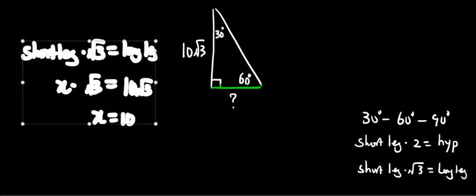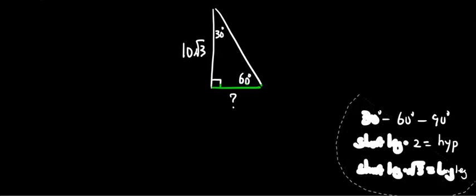All right, now let's try our new rule. We're going to use SOH CAH TOA. Let's write it down here. You're going to decide which one you're going to use. If you look at this angle, 30 degrees, which one can you use?